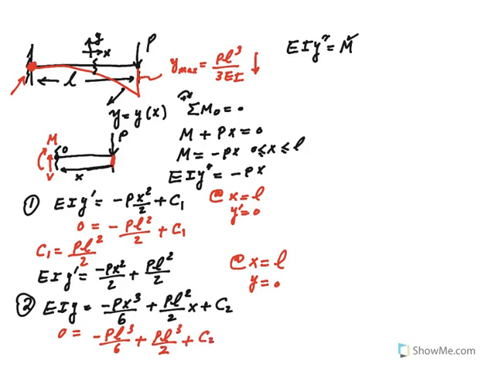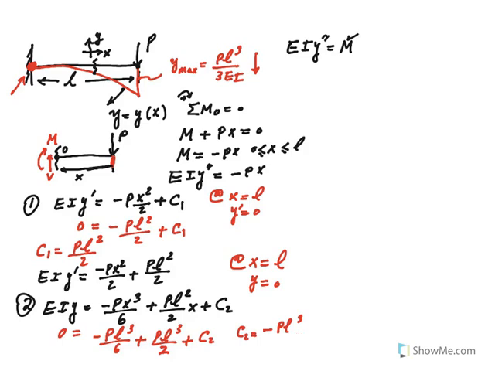And if we try to solve for C2, we get 1/6 minus 1/2 PL cubed. 1/6 minus 1/2 is minus 1/3. So minus just PL cubed over 3. Sorry, I was thinking of EI. Let me just get rid of that.